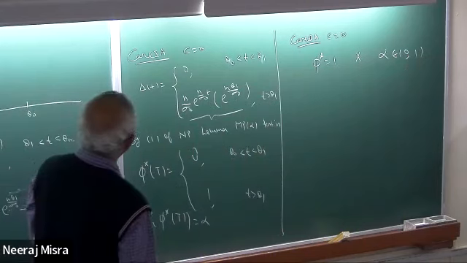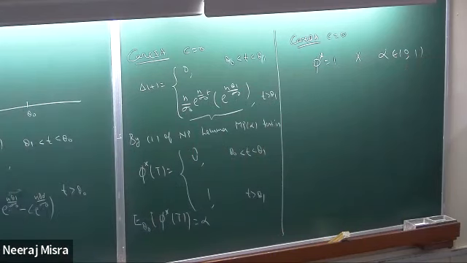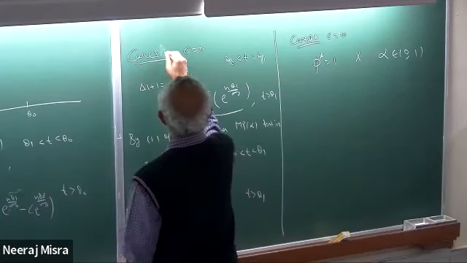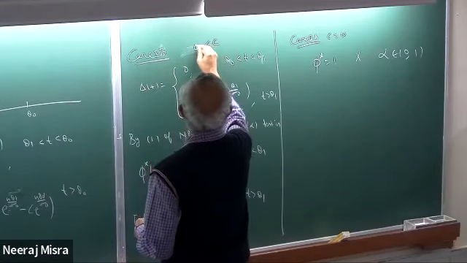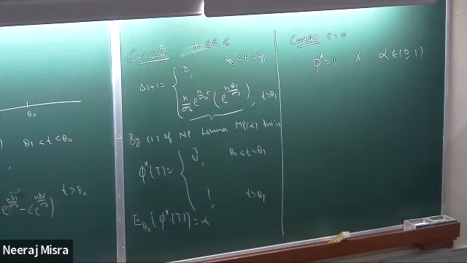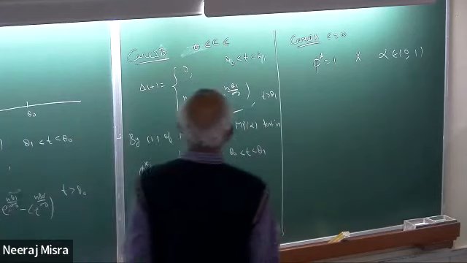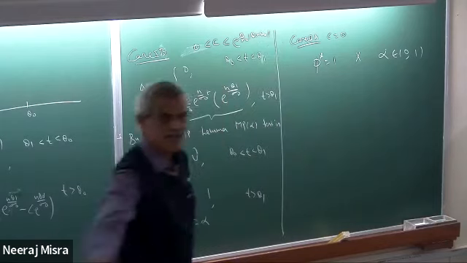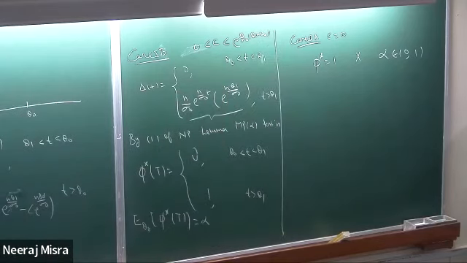Now let us consider case 1b. Case 1b would be when C is strictly greater than 0, but this quantity is positive. That means C is less than e to the power n by sigma naught times theta 1 minus theta naught.